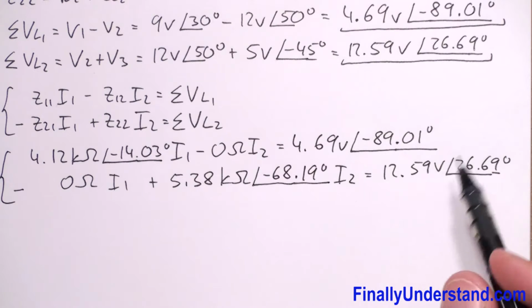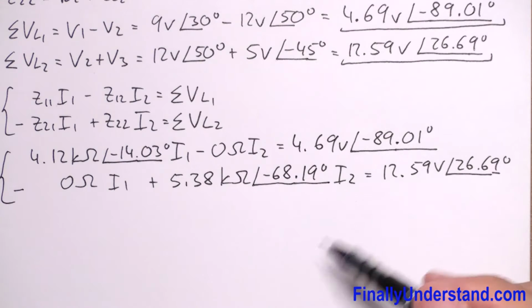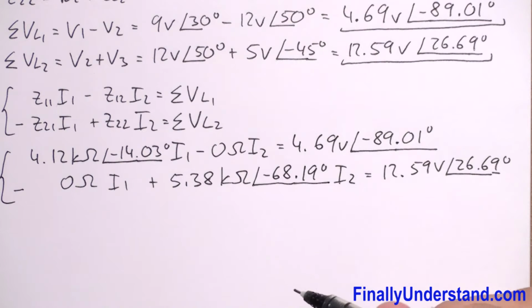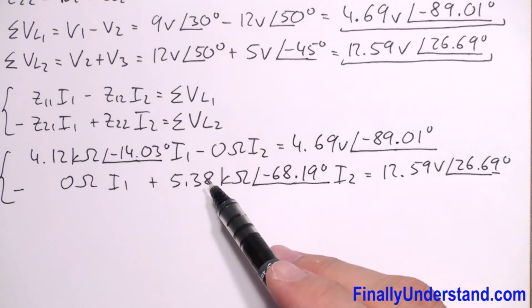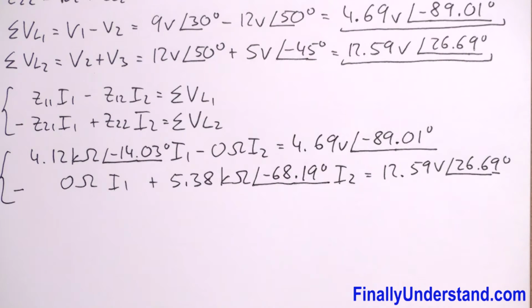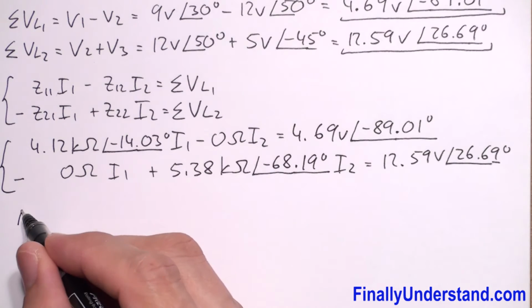Because my calculator doesn't solve linear equations with complex numbers, I'm going to use determinants to find the values of the currents I1 and I2. Okay, so I'm going to find the delta first.